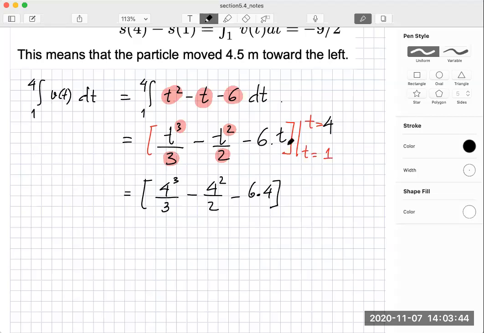That is the first value, right? Subtract the value of this function at the time t is equal to 1, and what do we have here?